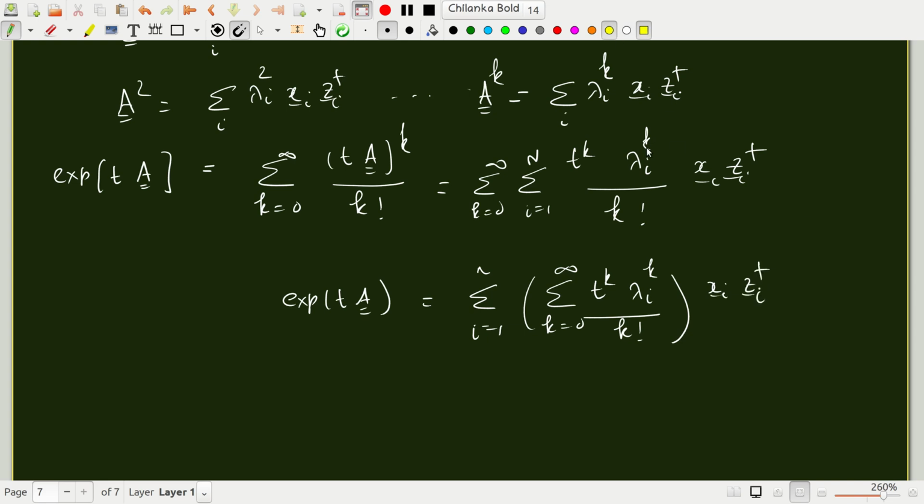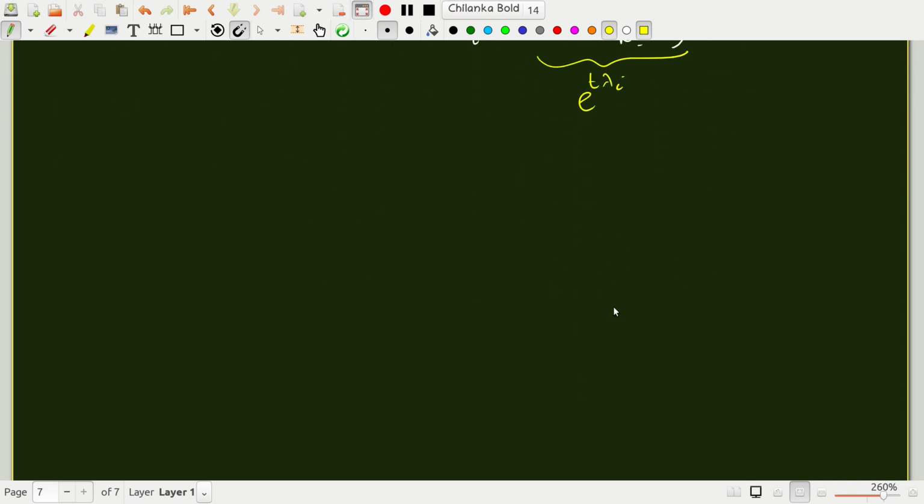Now this object is like a real e to the t lambda_i; this is the Taylor expansion of that. So I can write the exponential of t times the matrix A as the sum over i equal to 1 to n of exponential of t lambda_i times x_i z_i dagger.